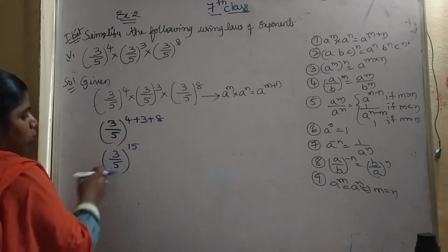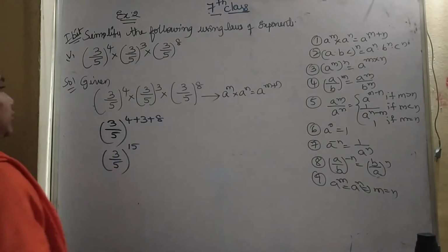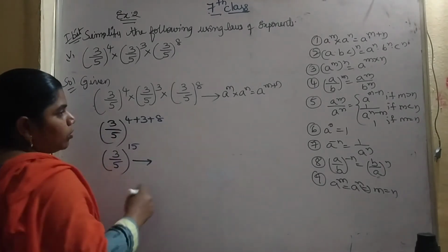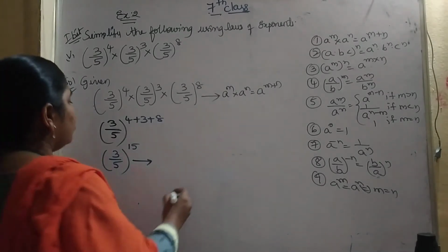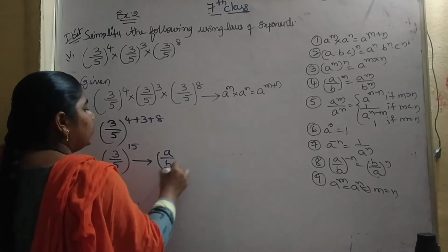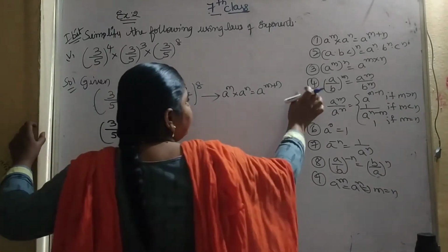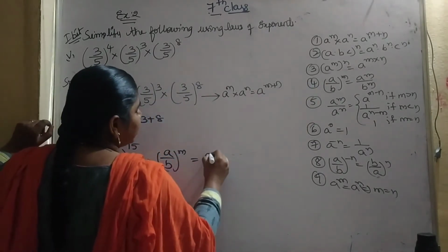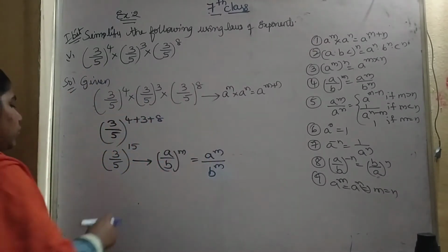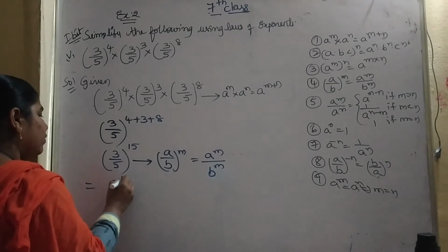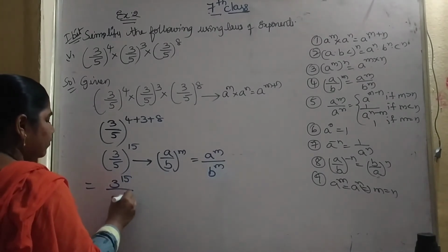So you can stop till here or you can expand this. I am expanding, so I am using one more formula here. This is in the form of a by b whole power m. Which law is that? That is the fourth law. We can write it as a power m by b power m. So here we can expand this as 3 power 15 by 5 power 15.